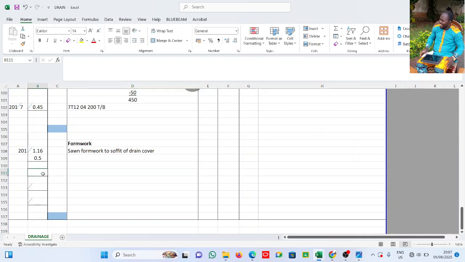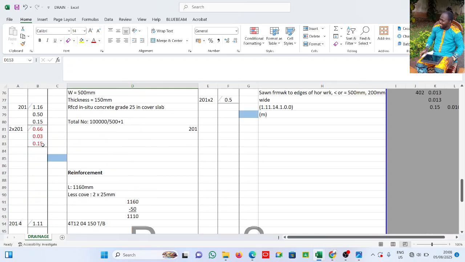So if I deduct, this would be 0.66 by 0.03, by 2, by 201. Right? Let me put it in red so that you know that I'm deducting. That's what we just deducted.